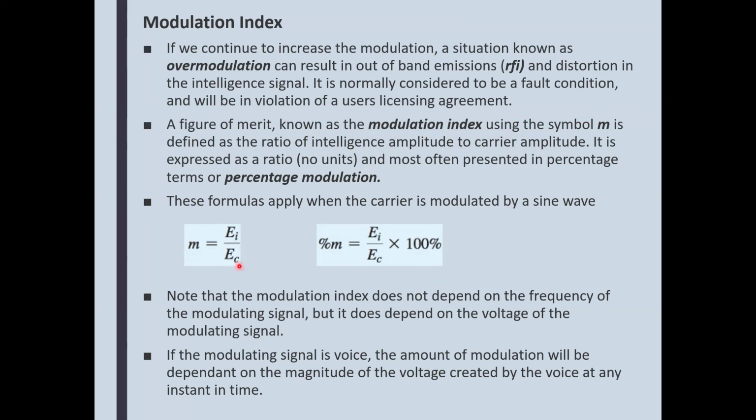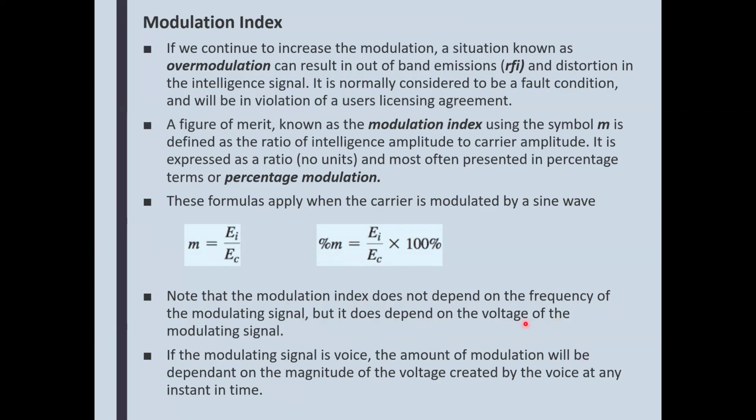If you want it as a percentage, you just multiply it by 100 and you have the modulation index percentage. Note that the modulation index does not depend on the frequency of the modulating signal. It's just the strength of the signal.